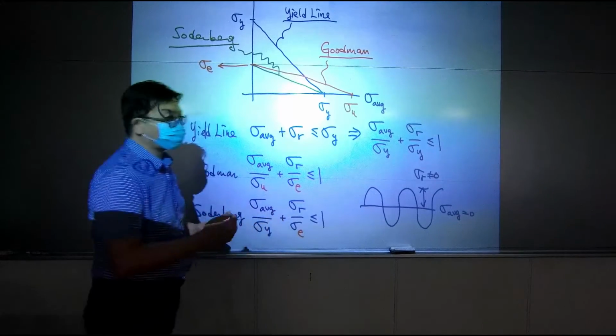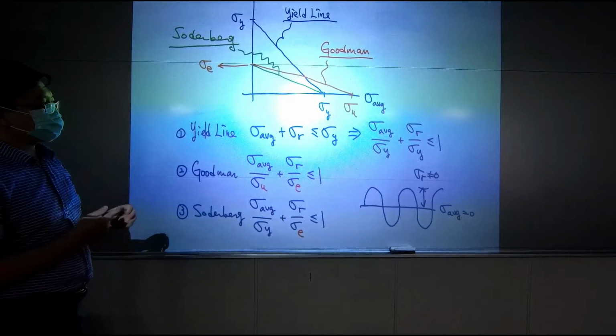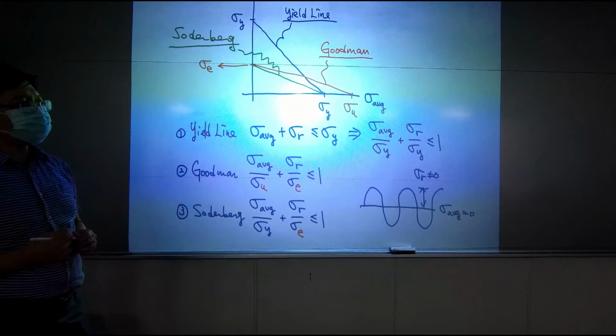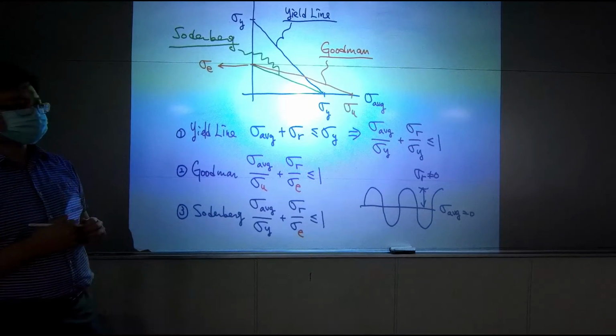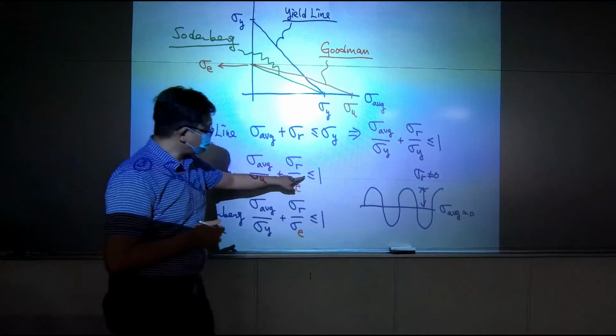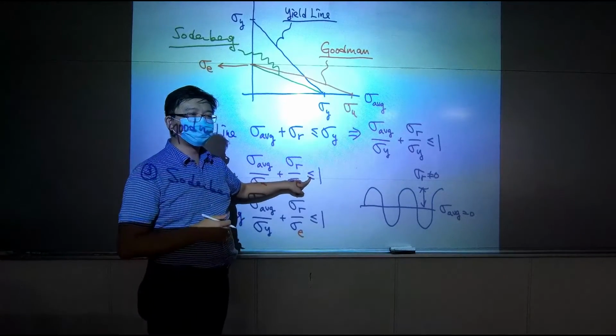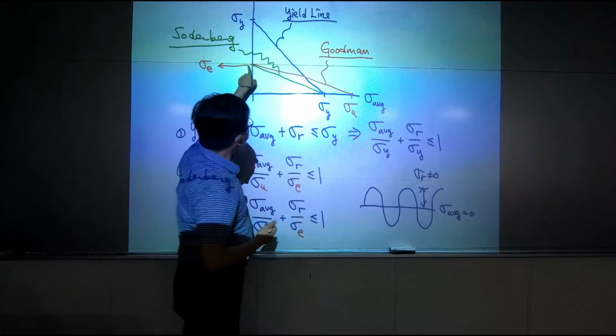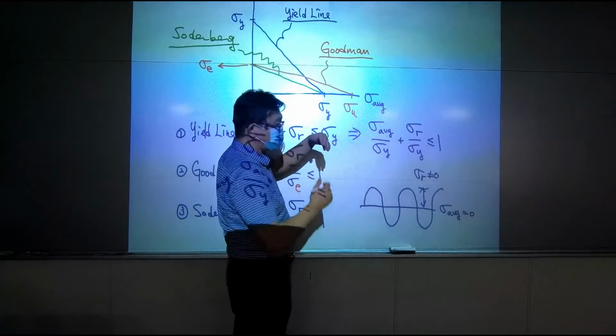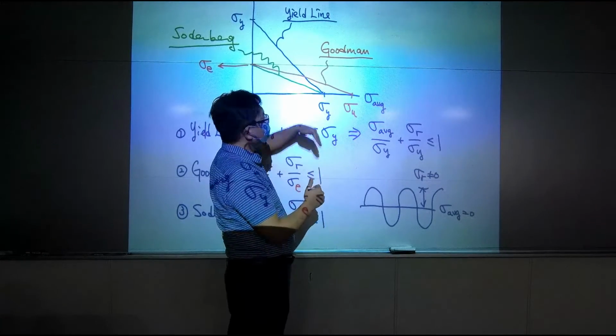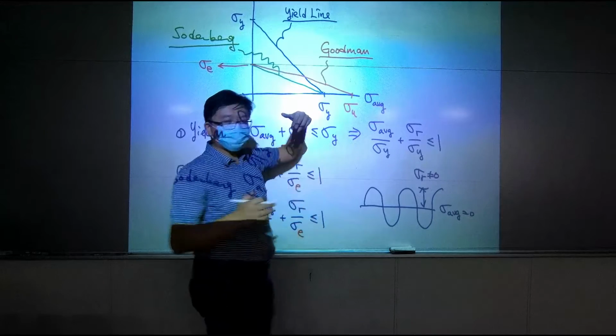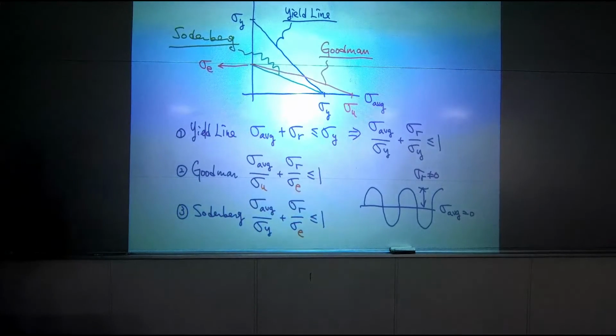Okay? Thank you. Even when we have those design equations, when this equal sign happens, it will yield. So those lines are the limit state of your design. We call them limit state.